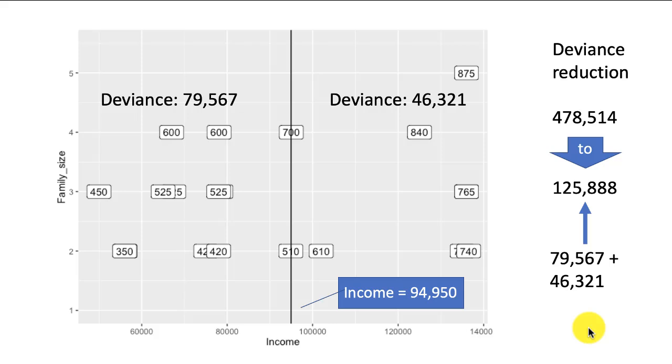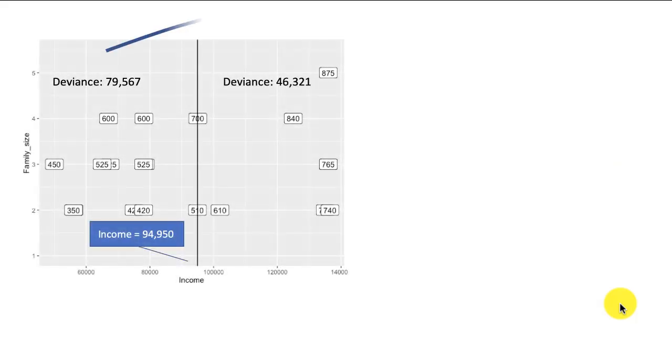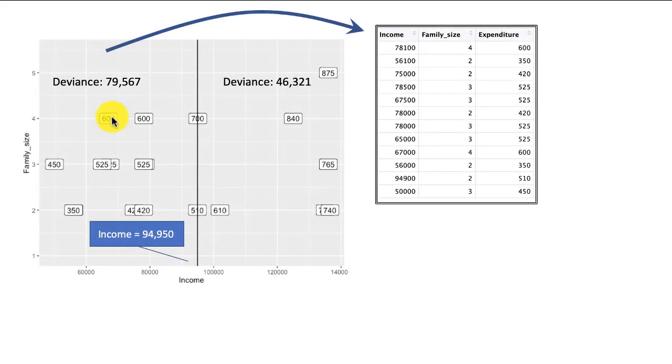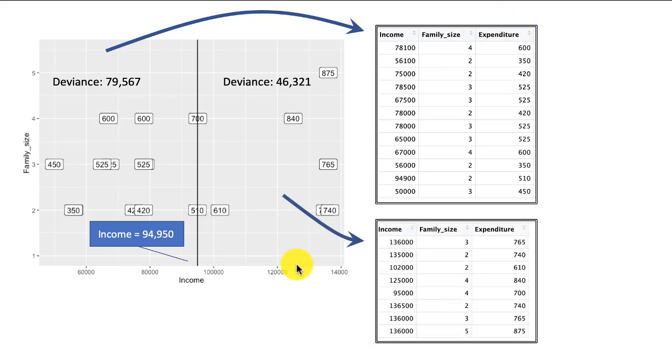Now once again, what are the possible splits? We now have two data sets. You've got the left-hand side, that is all the cases for which income is less than or equal to 94,950. Those are these cases. And on the right, you have these cases for which income is greater than 94,950.